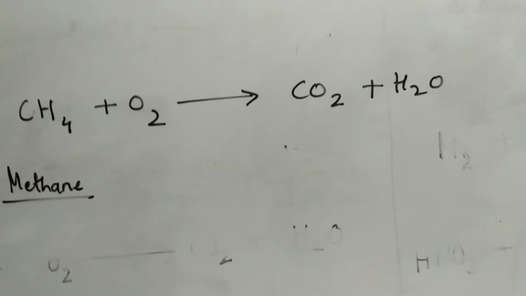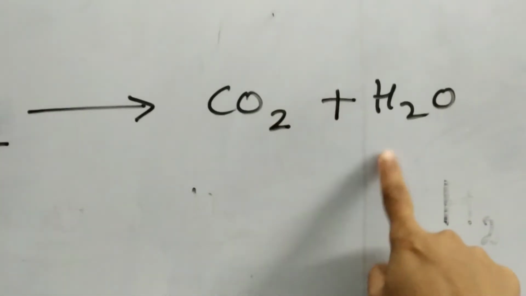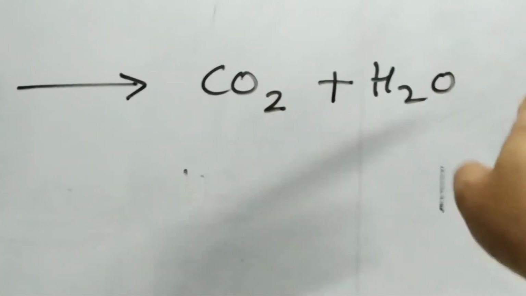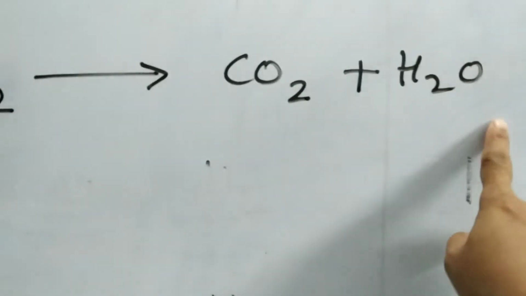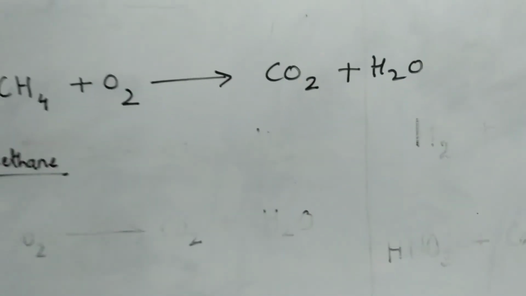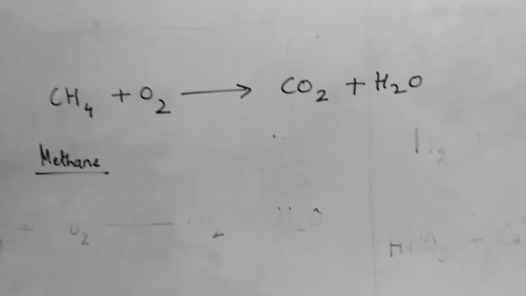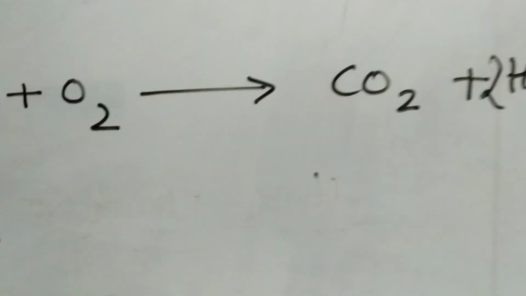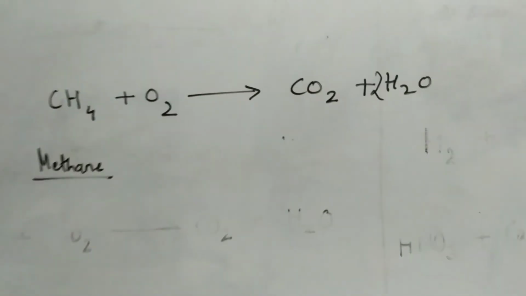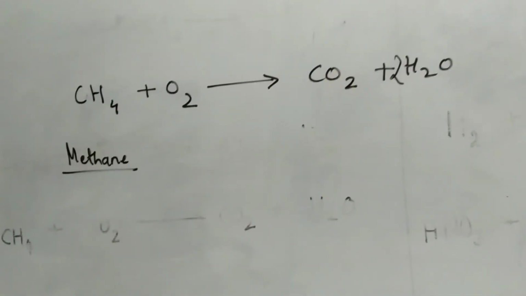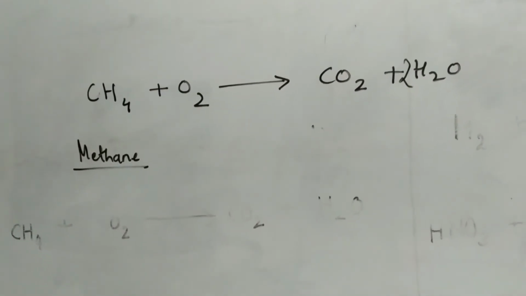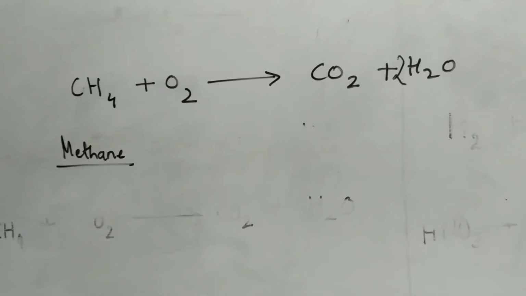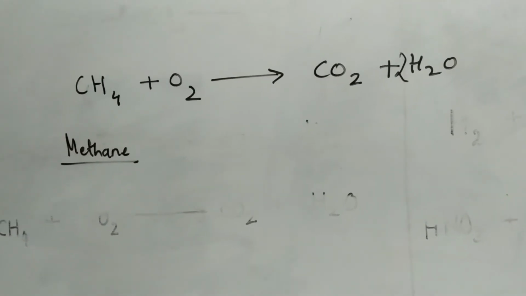Because in the product side, this 1 oxygen is making the whole thing odd. 2 plus 1, 3. So what we need to do now is make the odd even. So we will put a 2 in front of it. As soon as we put a 2 in front of the odd one, now see on the product side, 2 oxygen from carbon dioxide, 2 oxygen from water, 2 plus 2, oxygen 4.